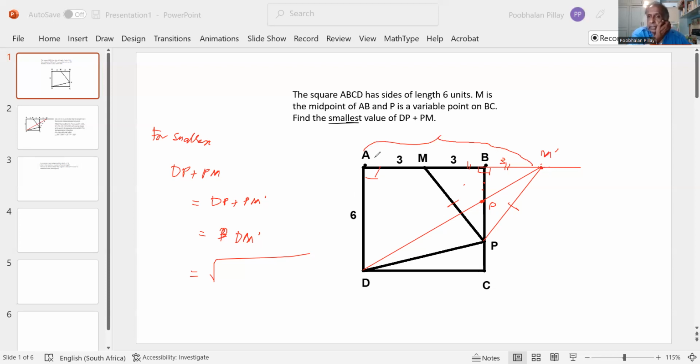One of the sides is 6, the other side is 9, and DM prime that we're looking for is the hypotenuse of a right angle triangle whose sides are 6 and 9. So the answer to this problem is that the smallest dP plus PM is square root of 145.